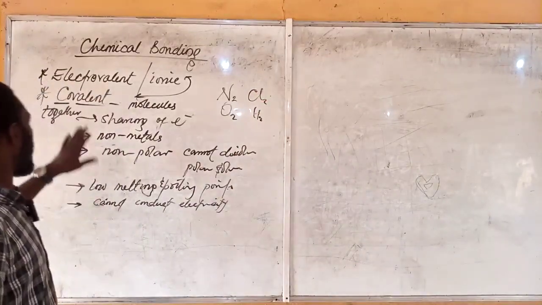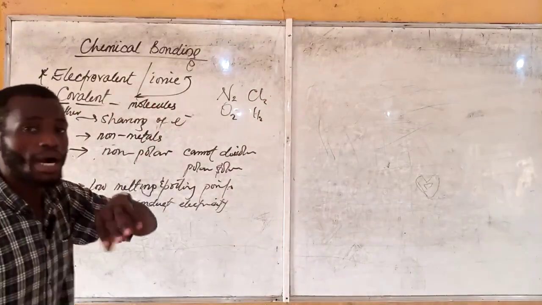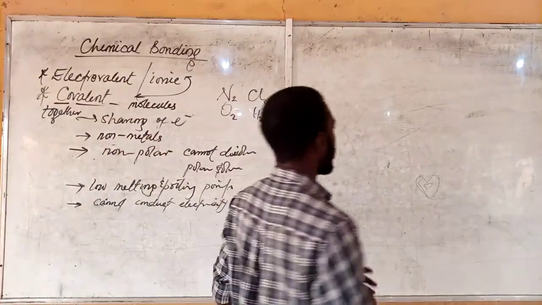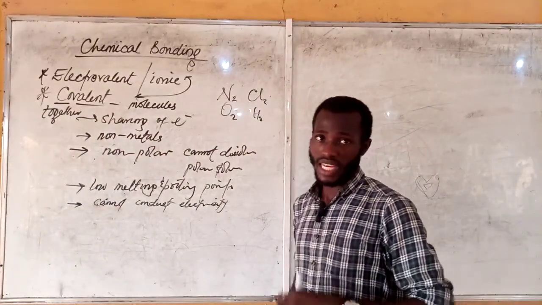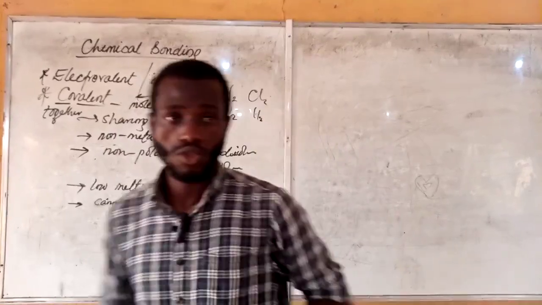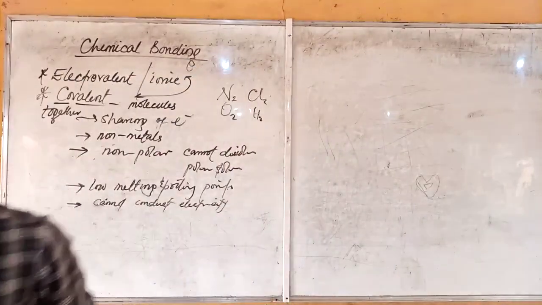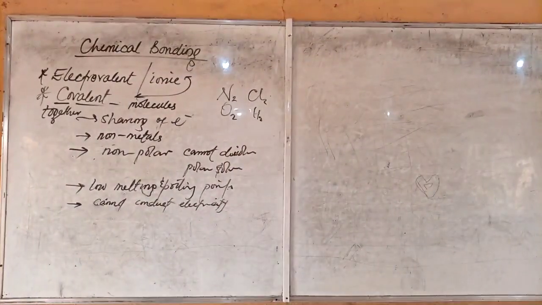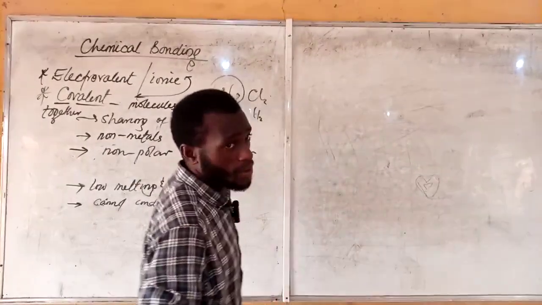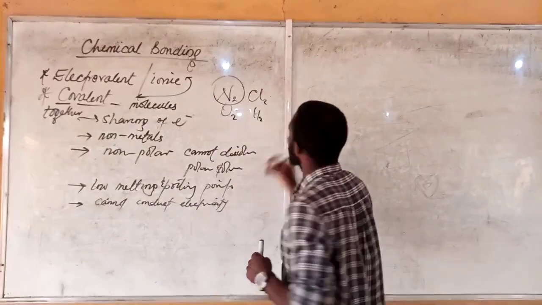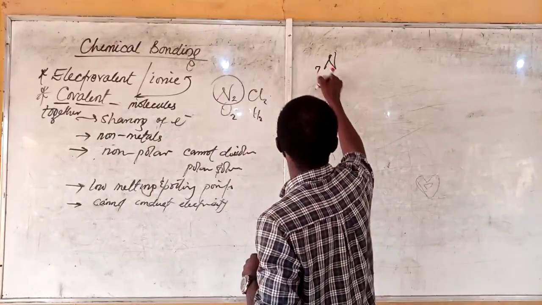Now, how do they bond? Let's draw their atomic structures and see how they are bonded to one another. So, for example, let's use nitrogen. Nitrogen is number 7, so we have N7.